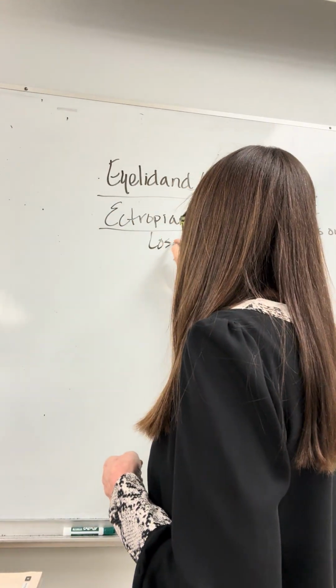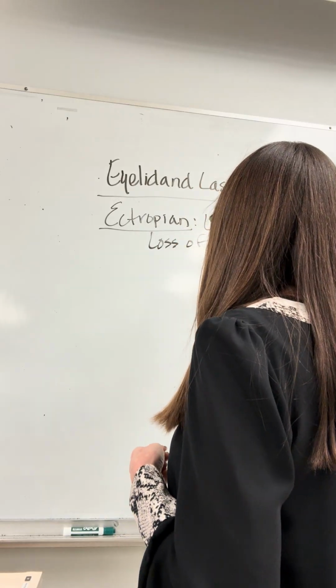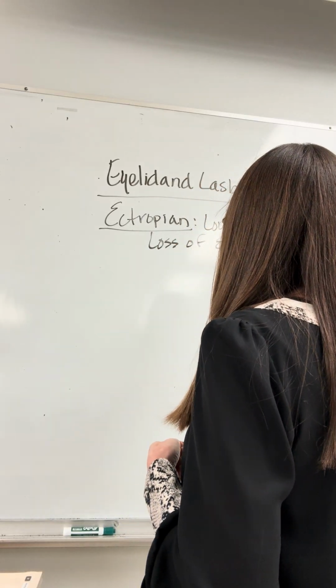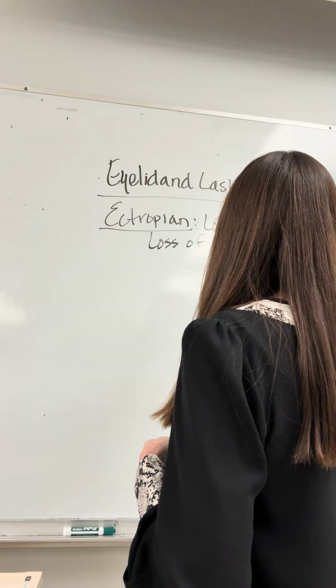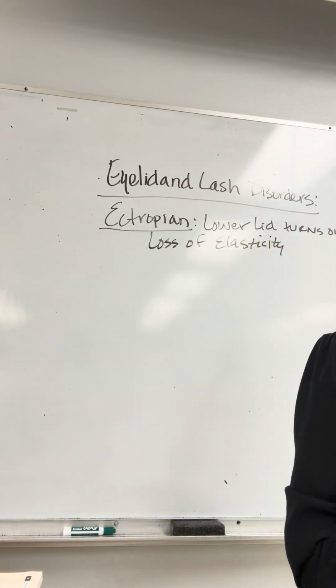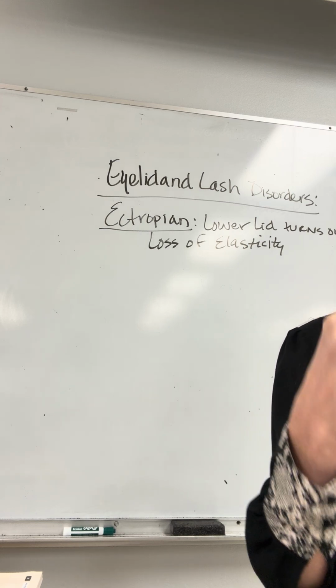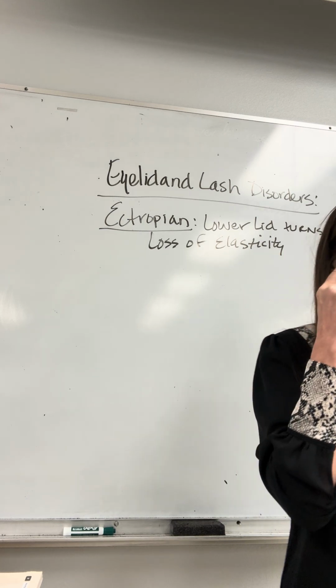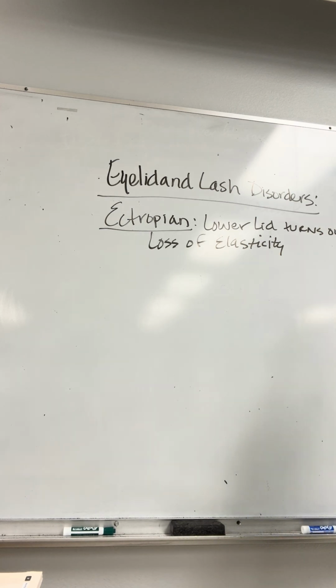Honestly, you guys, it really affects, and you can tell the person in the photograph is an older person, okay? Whenever your elasticity is affected, you've gotten older. So the outside lid opens down and droops down, and you can see the red tissue inside the lower lid.